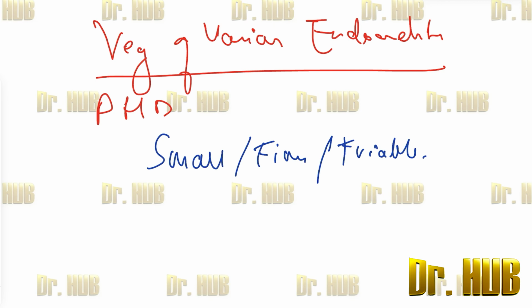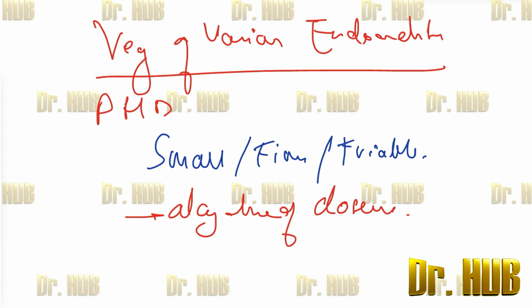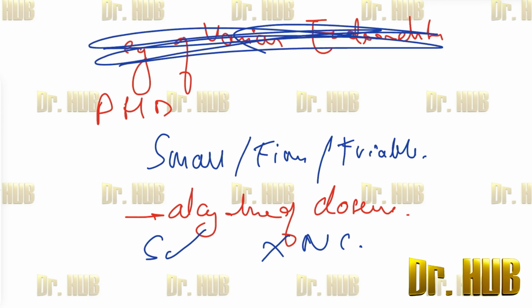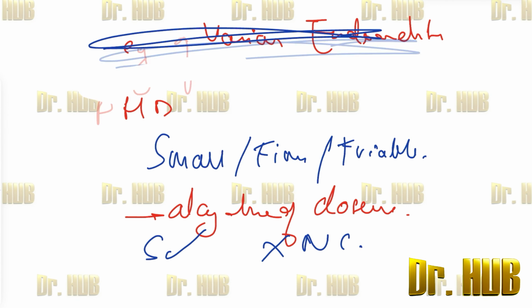The site is along the line of closure. Is it sterile or infective? The answer is it is sterile. And embolism is not common. So this was about the RHD: small, firm, friable, and along the line of closure.